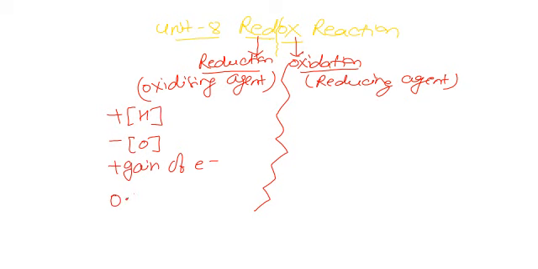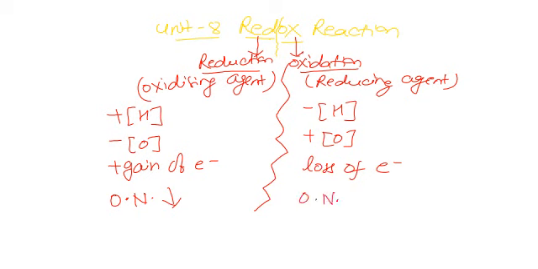If oxidation number decreases, that process is called reduction, and vice versa for oxidation. That means loss of hydrogen, gain of oxygen, loss of electrons, and oxidation number increases. So this is the meaning of reduction and oxidation.